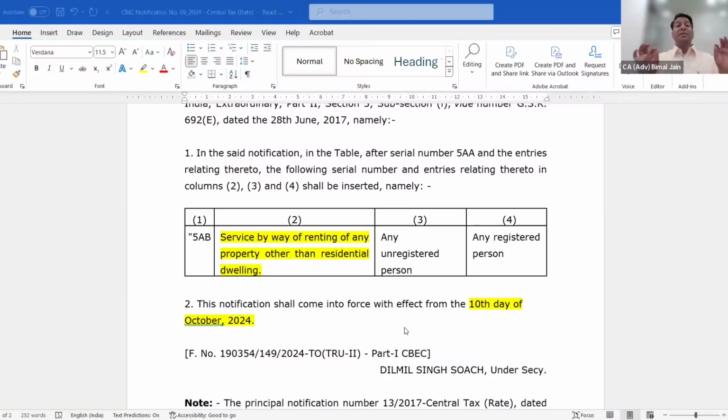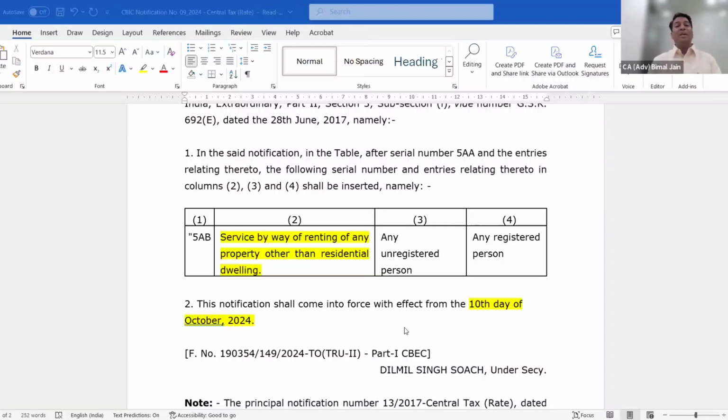So it is a wider term. So we have to check in what context. The recommendation was only commercial property, but the notification is saying any property. What is the difference? To my mind, it is now giving a wider meaning and interpretation.